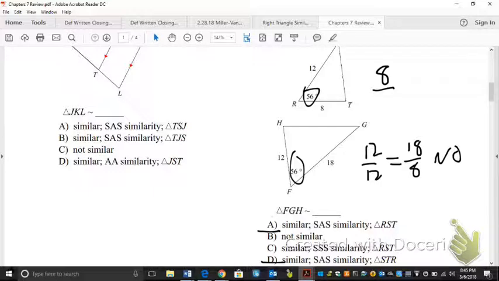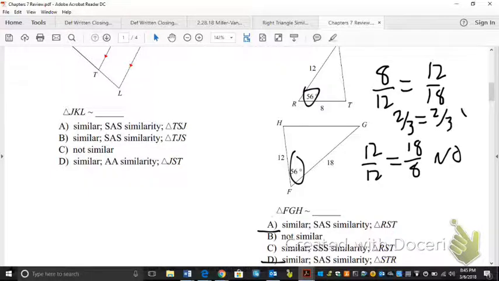Now, this could be not similar, but we need to make sure that we're setting it up. So if we go short over short equals long over long, and then reduce both of those, lo and behold, we get 2/3. Out of the left one, 8 over 12, I factored out a 4. The right one, I factored out a 6. So those are the same.